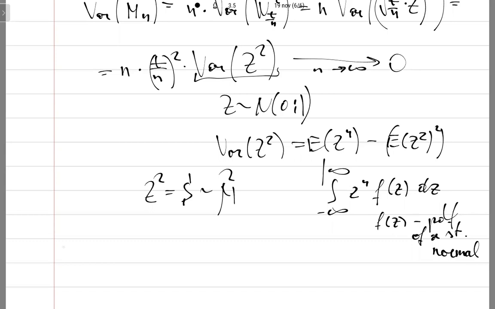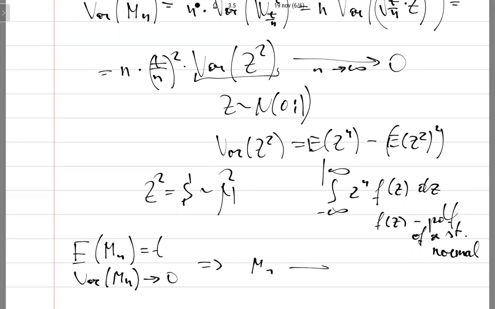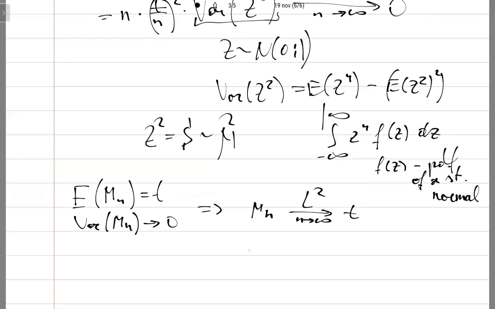Okay, what we have discovered: the expected value of Mn is T, and the variance of Mn tends to 0. Conclusion: the sequence itself tends in L2 to what? To T. And in probability too.